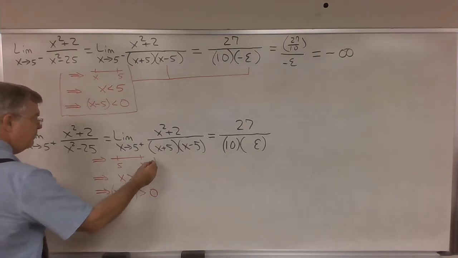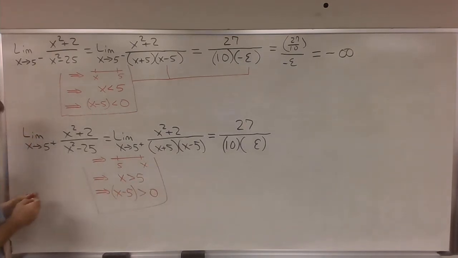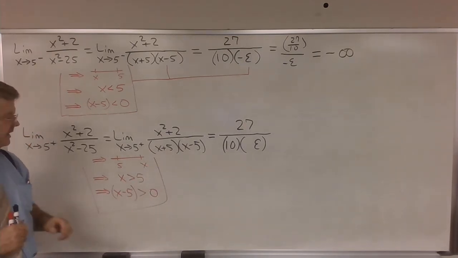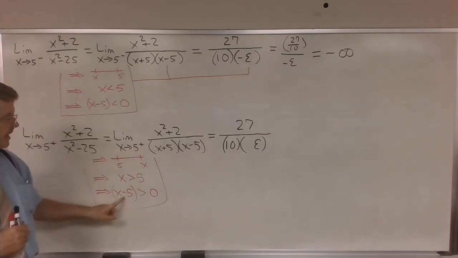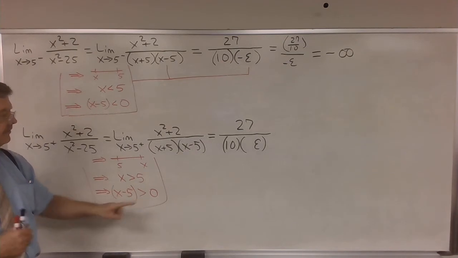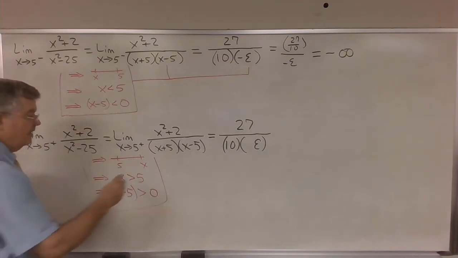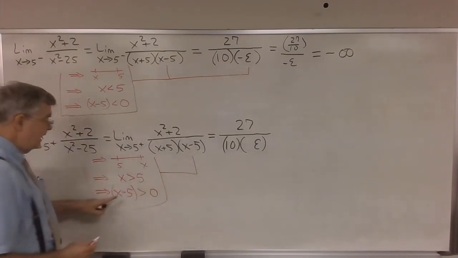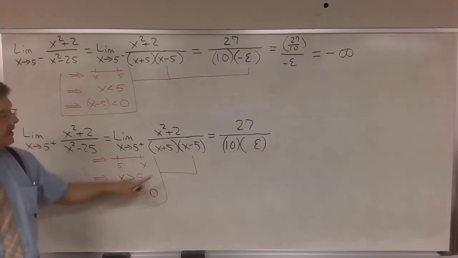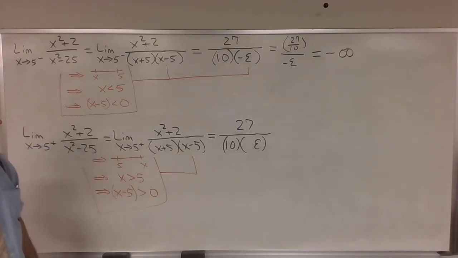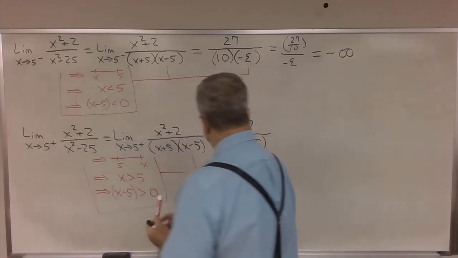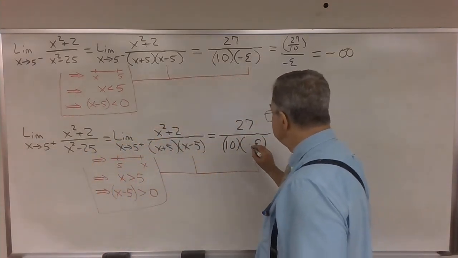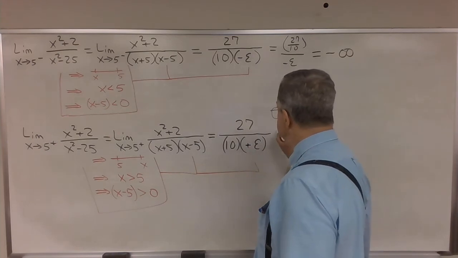And when I do, I have the information that I needed. As x approaches 5 from the right, x minus 5 is positive. So x minus 5 is going to approach 0 through positive values. So I'm going to put a plus epsilon right here.